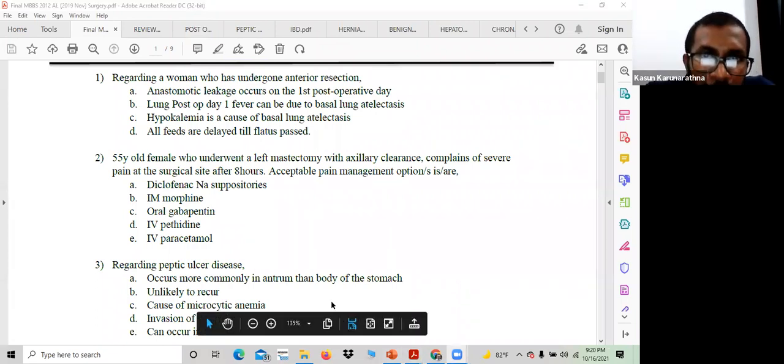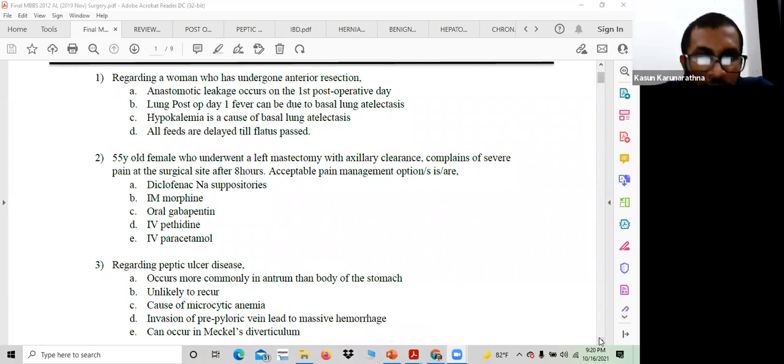In patients with respiratory problems, can we use morphine? Yes, respiratory depression is a complication of opioids, but it's not an absolute contraindication, right? You should weigh the risk versus benefit. Even with COPD patients, we tend to give it, with a higher dose, until you reach the toxic level.